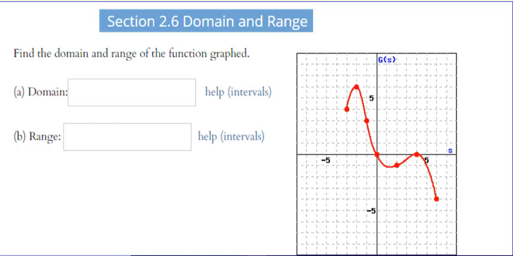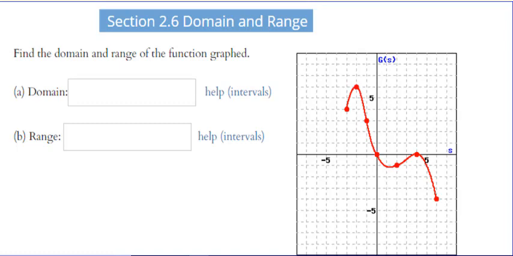In this particular example, we're looking at the graph, and what you want to do is ask yourself these two questions when you're looking at domain. How far to the left on the x-axis does this graph go? And then how far to the right does the function go?